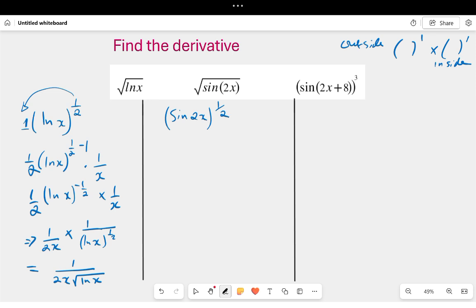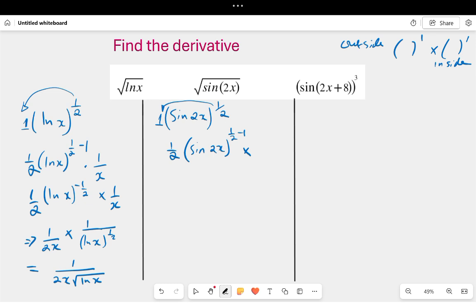And then the coefficient is 1 here, so it's going to be a half times 1 over 2. Okay, and we just maintain what is inside the bracket at first, sine 2x, and then you have 1 over 2 minus 1. So we are done with the derivative of what is outside. Then multiply by the derivative of the inside.